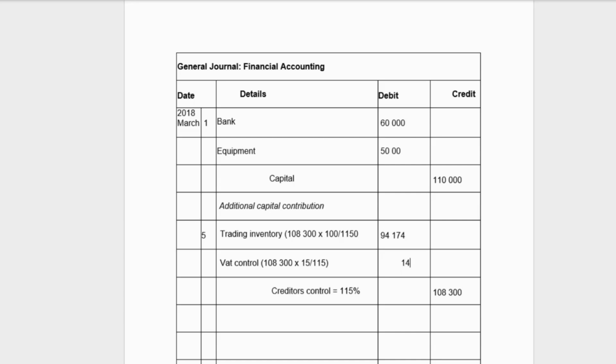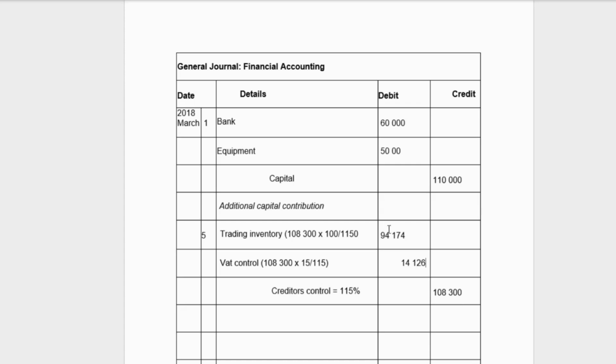And then our VAT is going to be 108,300 multiplied by 15 divided by 115. I am getting 14,126.